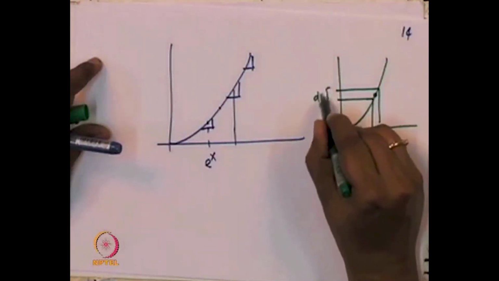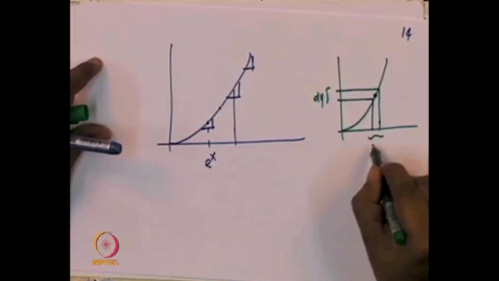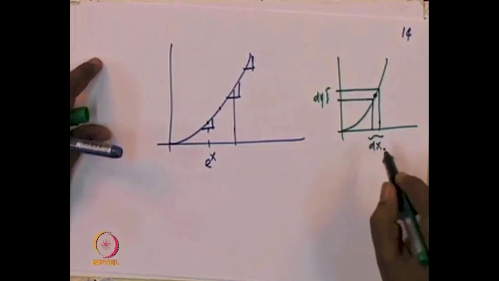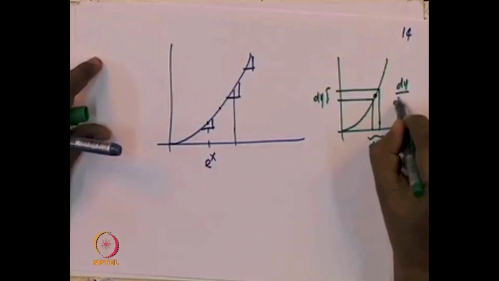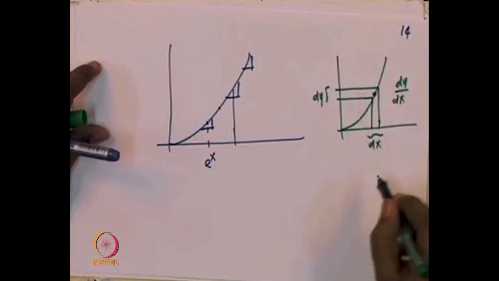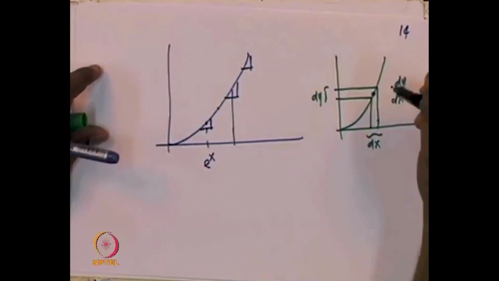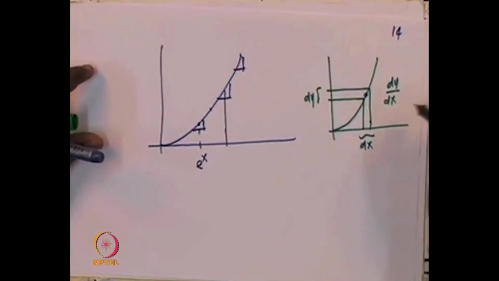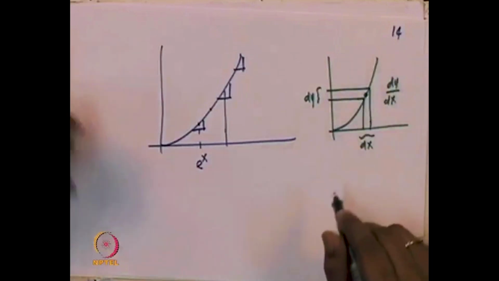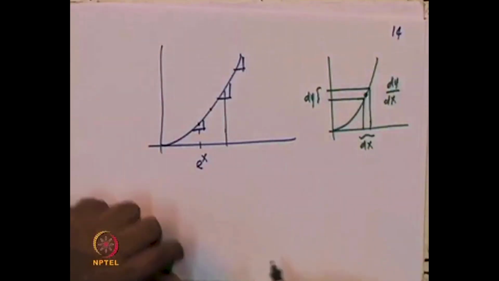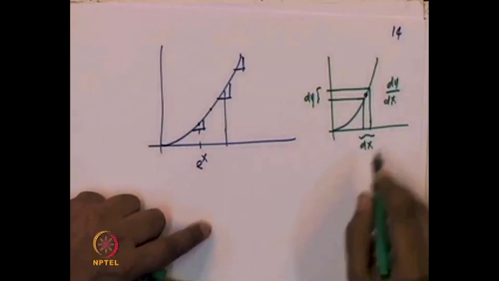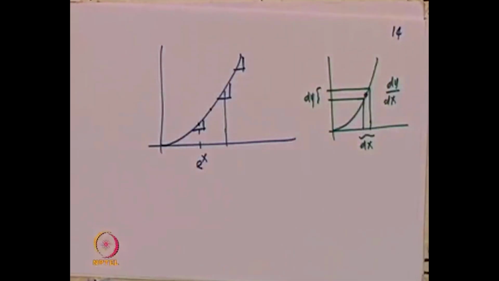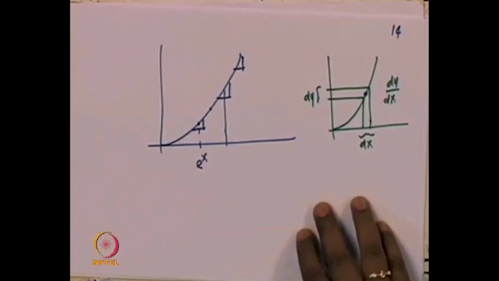It will be e power x. Take some other point, calculate dy by dx, and you will get the value e power x. So, you should try this graphically and convince yourself that the derivative of e power x is e power x itself.